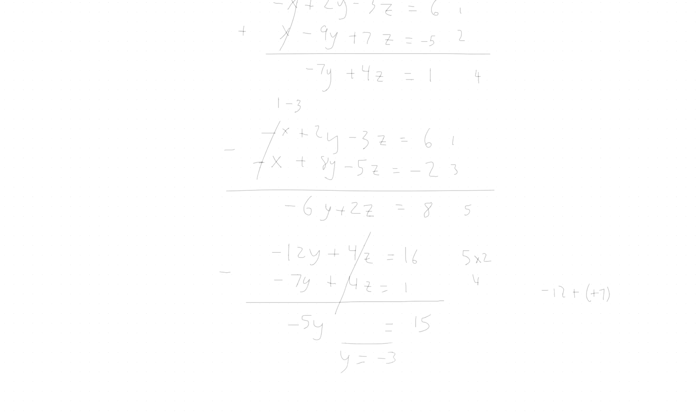What are we going to do with that y? Substitute into which one, 4 or 5? It doesn't matter. Say 5. We know y equals -3, so -6 times -3 plus 2z equals 8. What's negative 6 times negative 3?